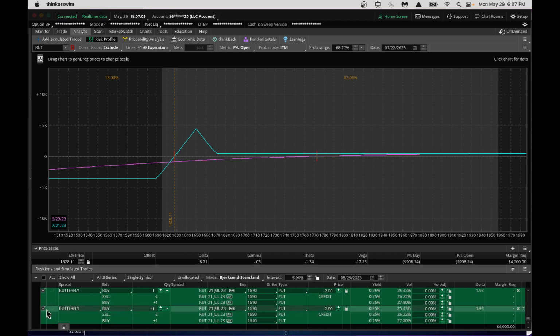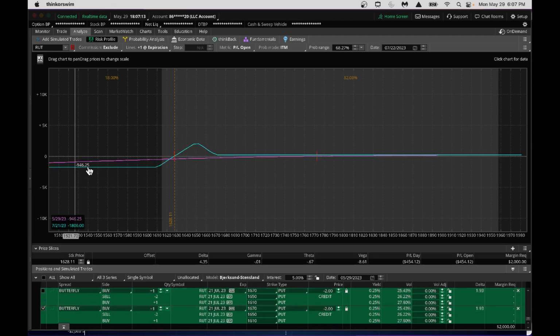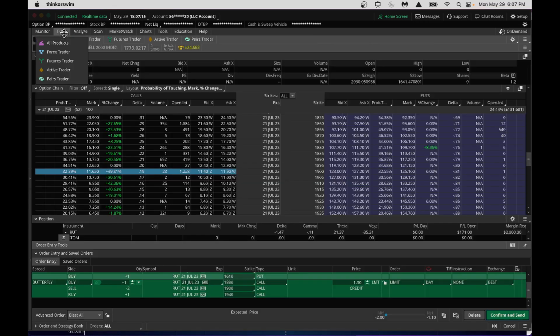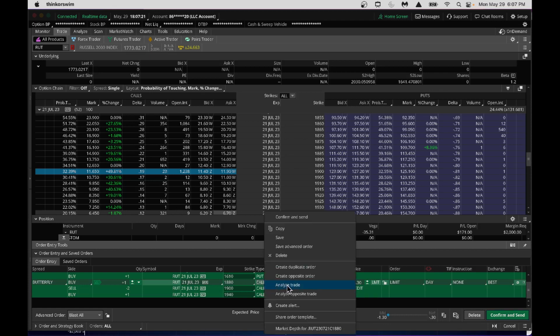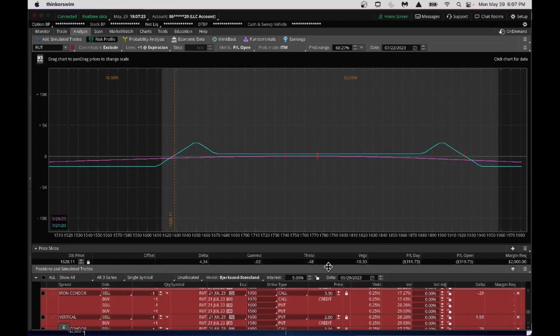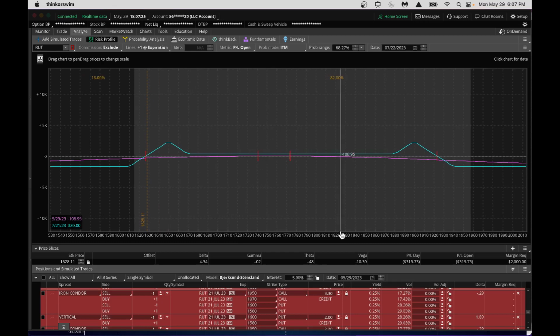Let's actually remove this here. All right, let's go back here. The reason it didn't show up is for my call butterfly, I have to analyze this one here. There you go. Now it shows up, as you can see here.